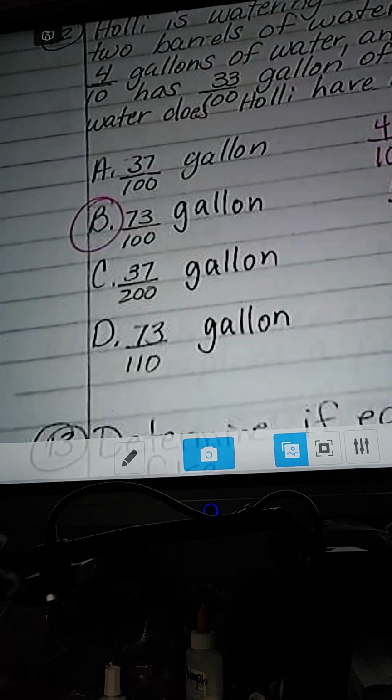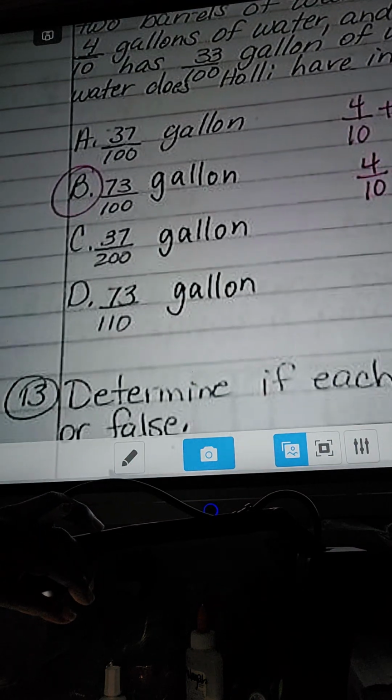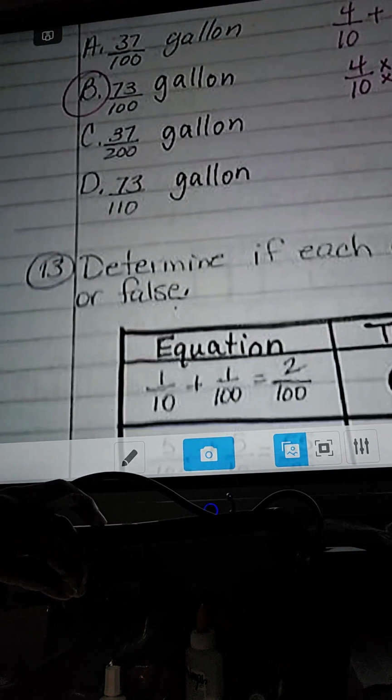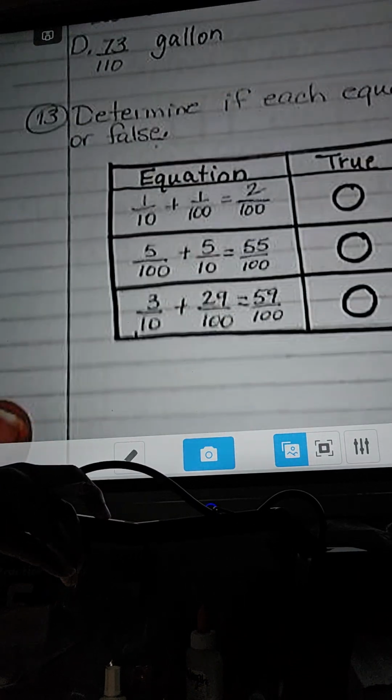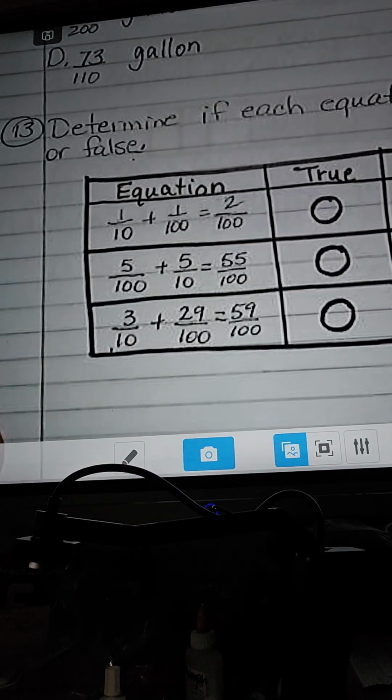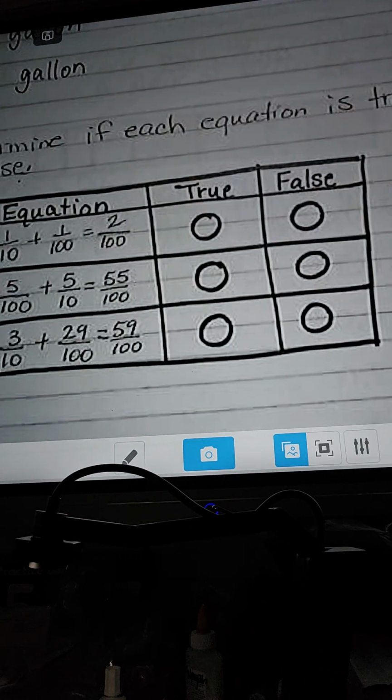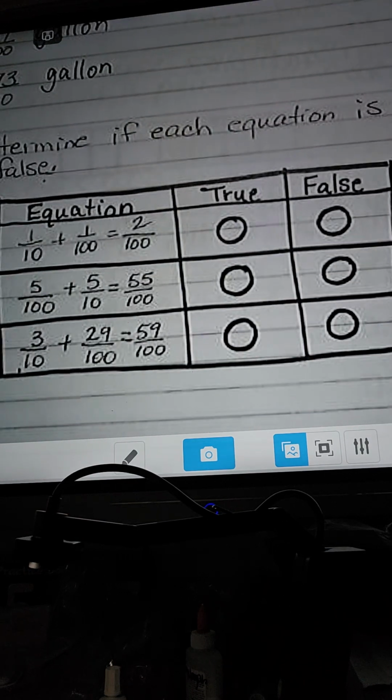Very good, which is my answer, B. Very good. Remember, you'll have the video tonight. I'm just trying to get through because I want to make sure that I go through it and have it on video at least. All right, number 13.